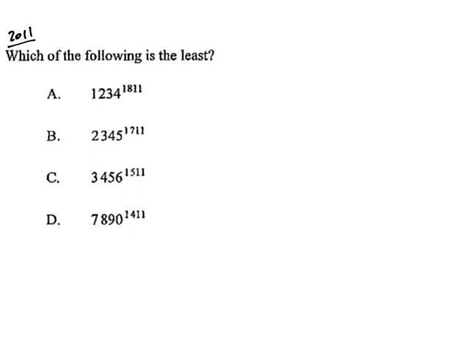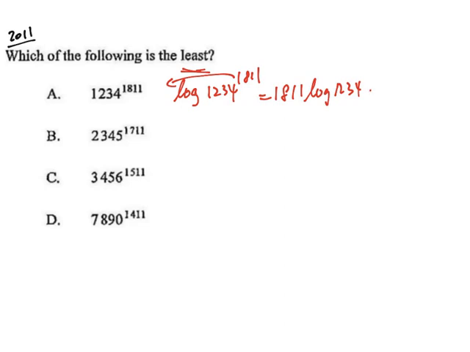Now try to do 2011. Find the least. Let's check it. So we take log. So index move to the front. So it's 1811 log 1, 2, 3, 4. So you will get like this. And same, actually I can skip one step. You can see the index is in the front and then log this one.